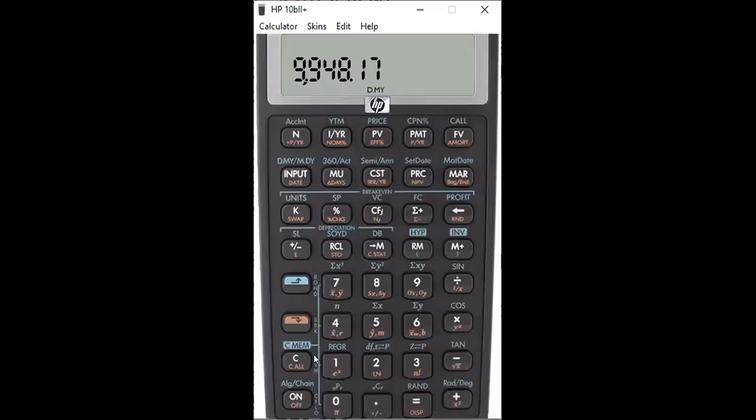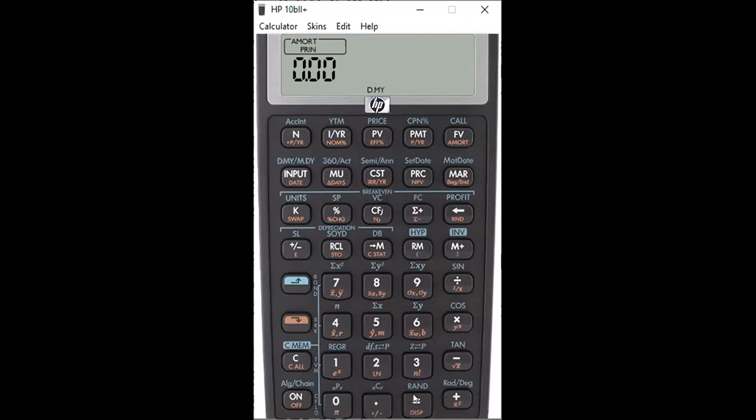To find out how much will be outstanding after 12 payments, we simply press 12, input, shift, amortize, and then it takes us straight to 12, 12.